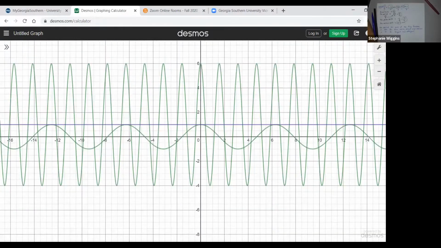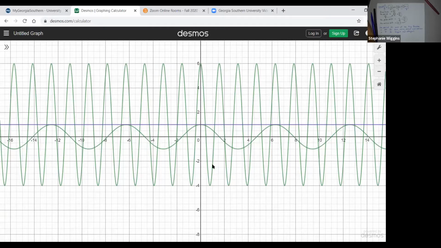From the bottom to the top, this is the midpoint. So you can see everything is shifted up 1. The amplitude is 5, so the function would have gone up to 5, but because we added 1 at the end of the function, everything got moved up 1. And it would have come down to -5, but again, because everything got moved up, it now comes down to -4. So there's that vertical shift.